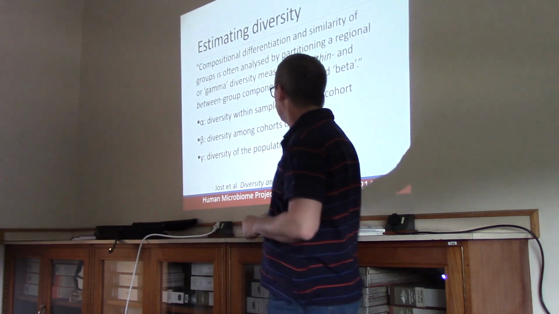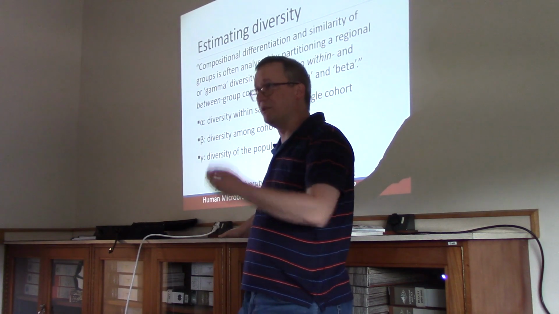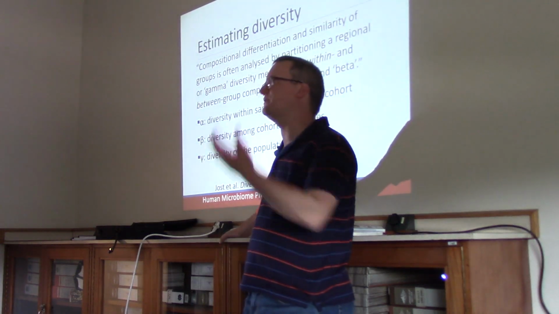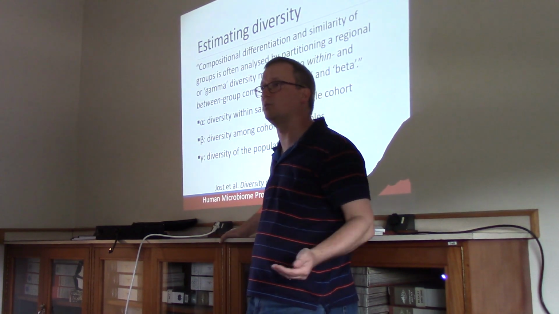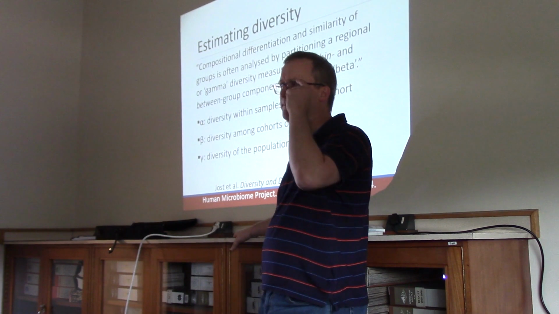So we call that beta diversity. More generally, if you're asking what is the total diversity seen in all sites associated with this particular watershed, now you're getting into something more like gamma diversity.